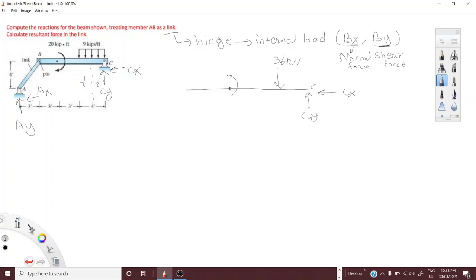We have a clockwise moment of 20 kilofeet, and at B we have forces By and Bx.